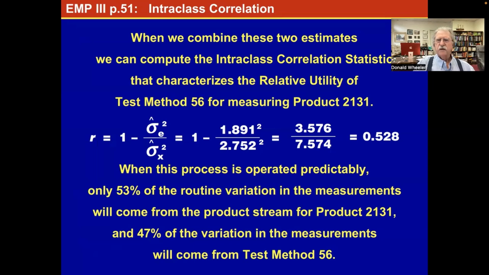When this process is operated predictably, only 53% of the routine variation in the measurements will come from the product stream for product 2131. And 47% of the variation in the measurements will come from test method 56.